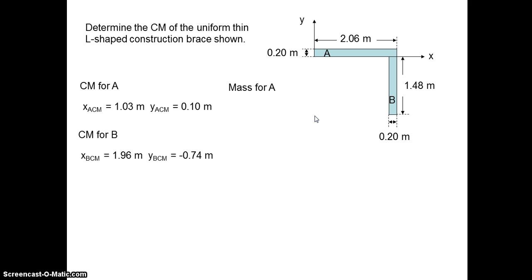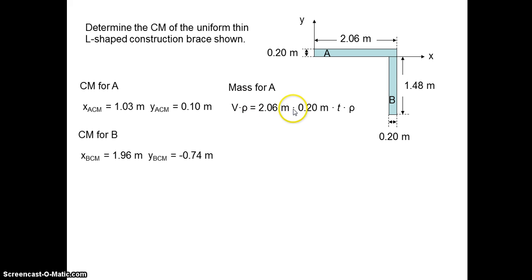Now, if I want to find the mass of A, it's a lot more complicated. I'm going to rely on your memory a little bit. If you remember from chemistry or maybe one of your earlier science classes, mass is given by the volume times its density. This V stands for volume. This funny looking P stands for density. So volume times density is mass. How do you find volume?